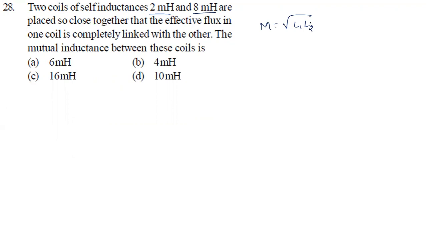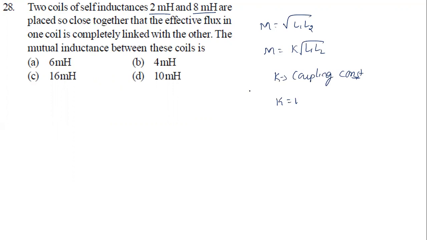Actually, M is equal to K times root of L1 L2, where K is what we call the coupling constant. The coupling constant, when they are completely close to each other, is equal to 1.